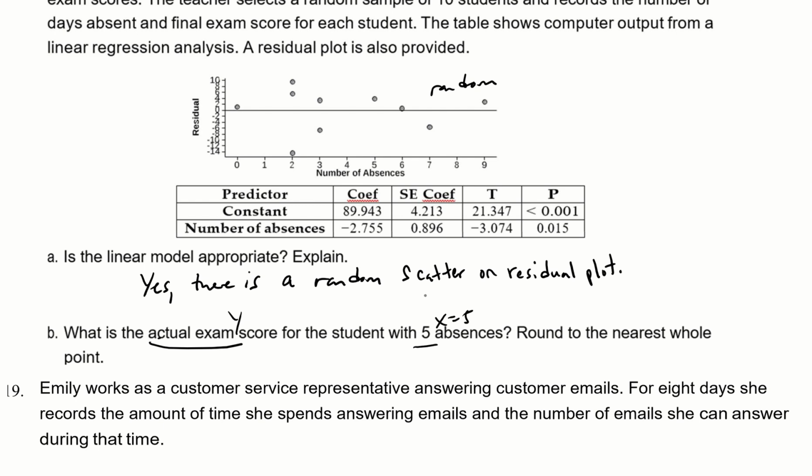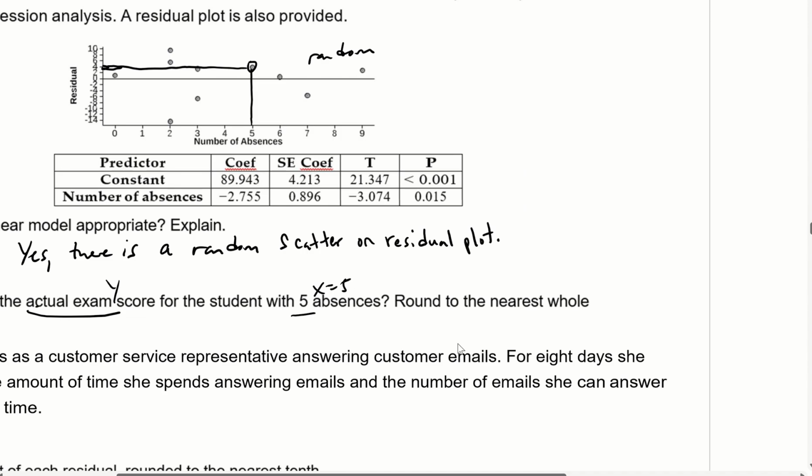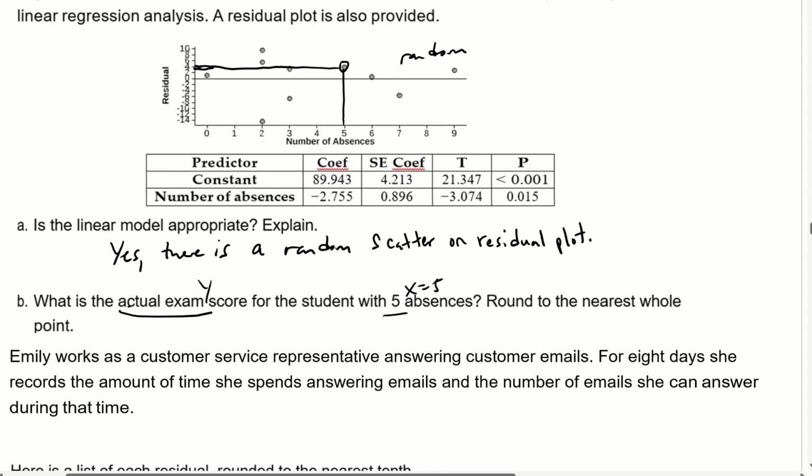If I look at the residual plot for 5 absences, it appears that there's a residual of 4. So residual equals y minus y hat, and the residual is approximately 4. So we get 4 is equal to y minus y hat.